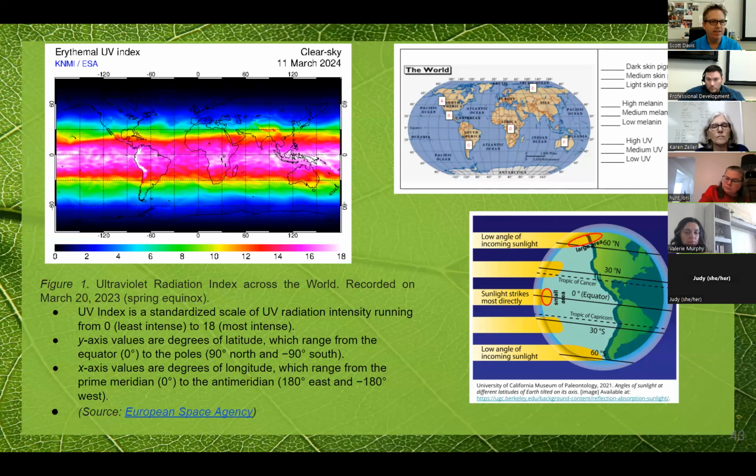You can look at where the UV light is more intense in what part of the world. A lot of them assume it's at the equator, but this is a good way to visualize that and look at the effective angles of the sun. It's a cool website just to be able to type in, if I want to know exactly what the UV index was on February 23rd of this year, I can type that date in and it'll pop right up.